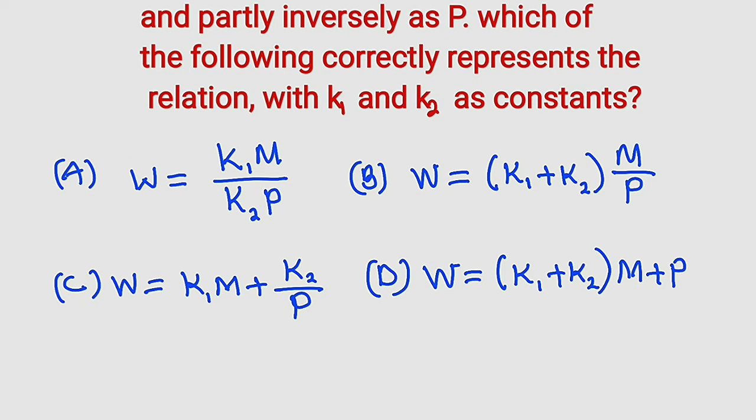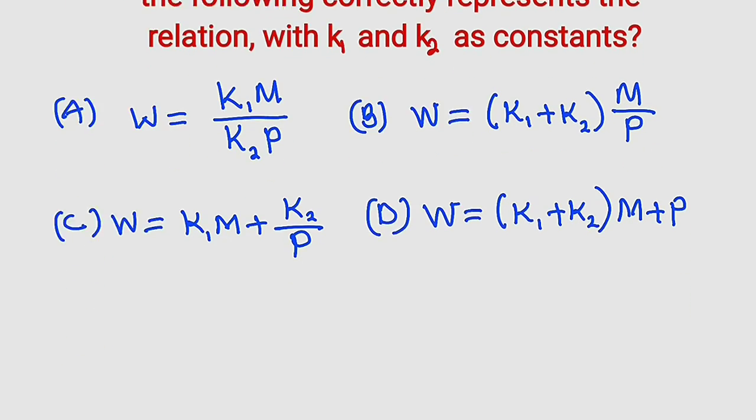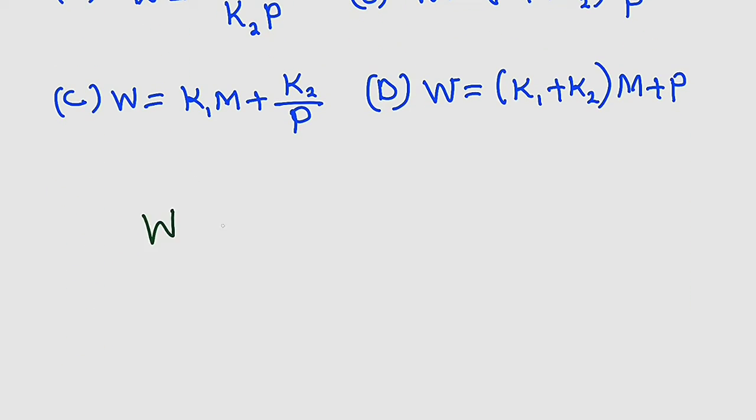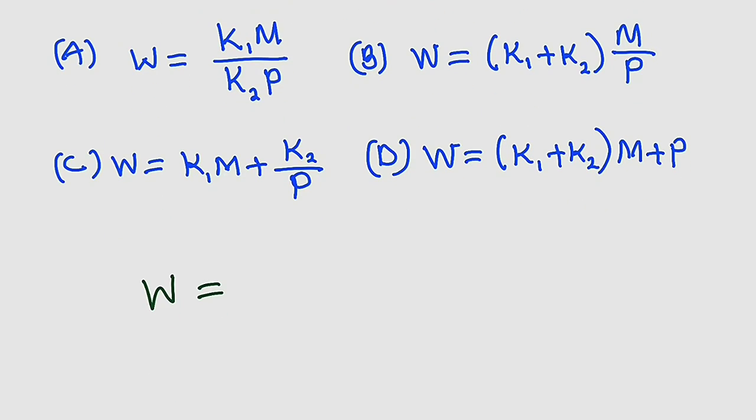Well, look at the question carefully. W, which is given as the dependent variable, is equal to what? It varies partly as M. But remember, since we are talking about variation, you have to attach that constant of proportionality.